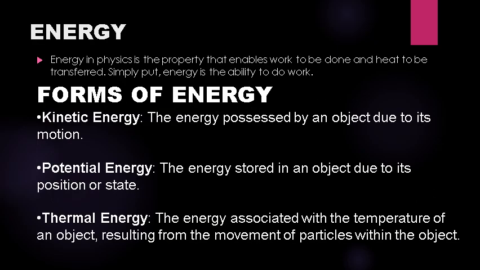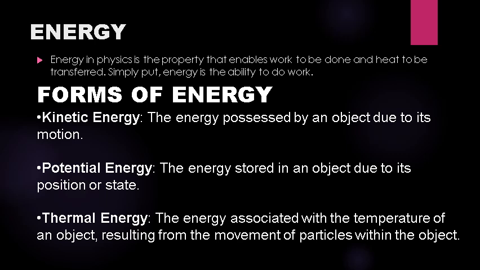Now still inside the definition of physics, we saw another term called energy. So what is this energy? Energy is the property that enables work to be done and heat to be transferred. The most common definition that was given to us in basic science is that energy is the ability to do work, and that is very, very correct.